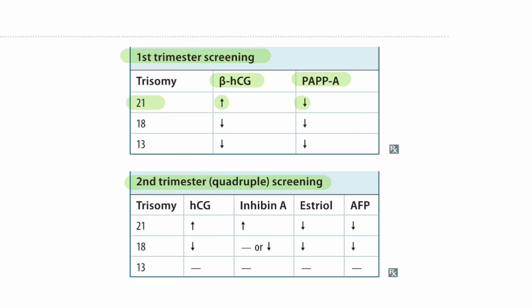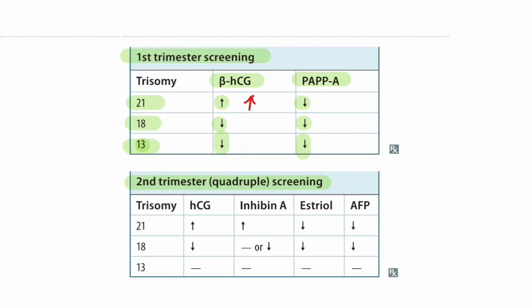In Edwards syndrome or trisomy 18, levels of beta hCG and PAPP-A are both decreased. And in trisomy 13, beta hCG level is decreased and PAPP-A is decreased. So only beta hCG is increased in Down syndrome in this table.